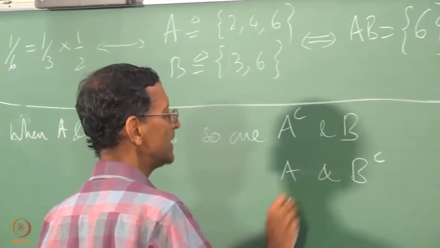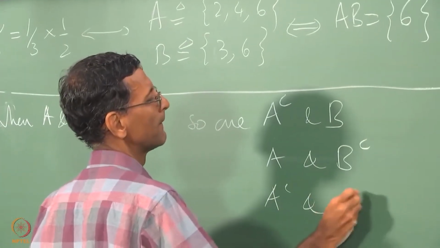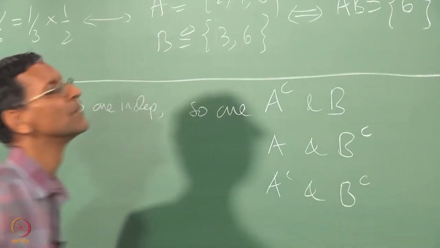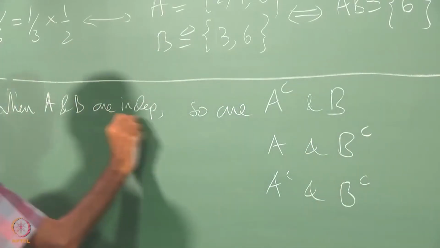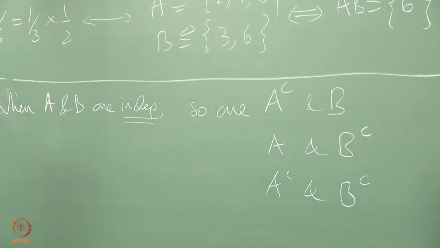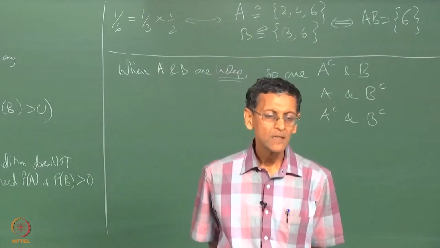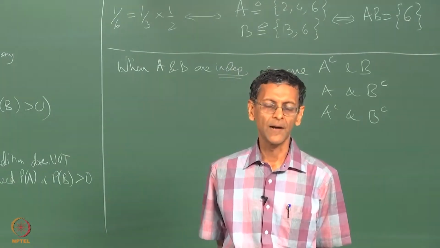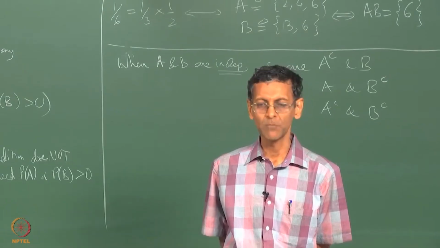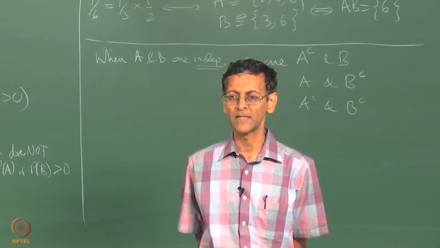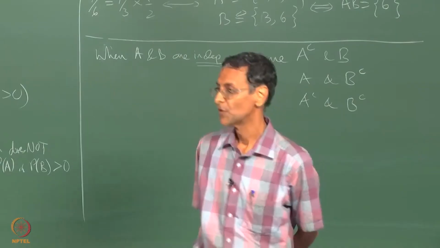This is a very intuitive result, because if A and B are independent, you don't want B complement to somehow tell you something more about A than B could not tell you.